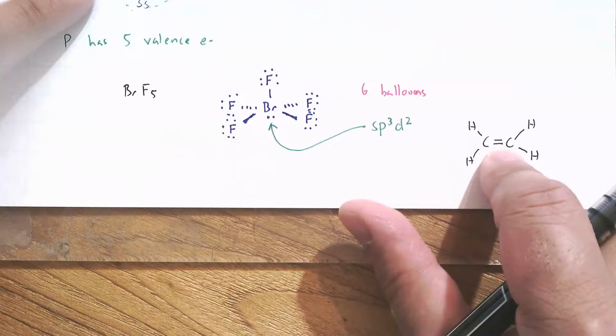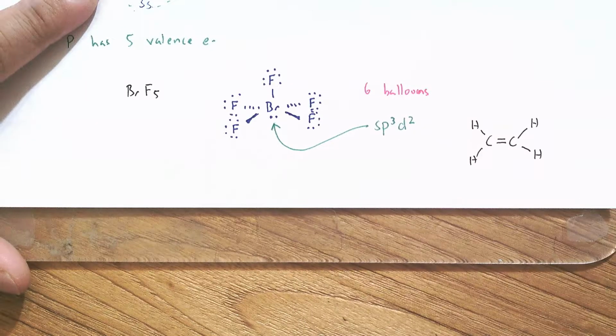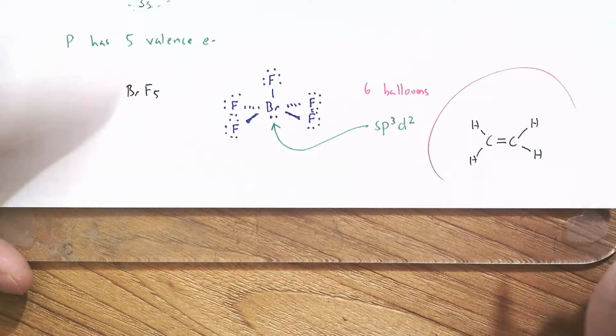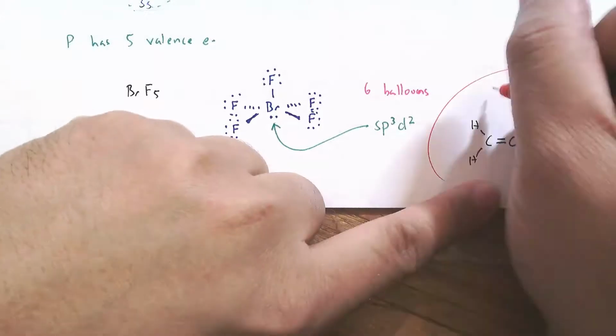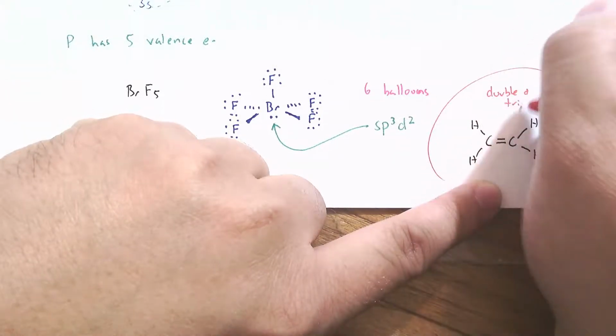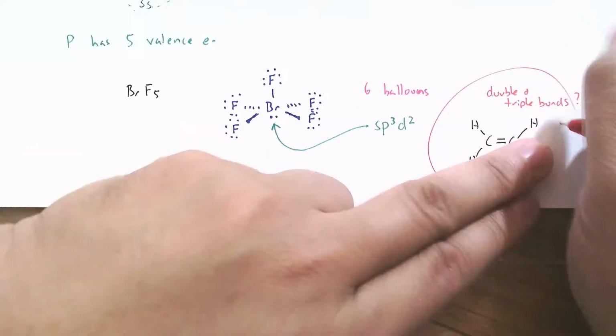All the examples we did in this video have single bonds. So this is the topic of the next video. What kind of hybridizations do we get if we have to deal with double bonds and triple bonds? Question mark. So that's the next video.